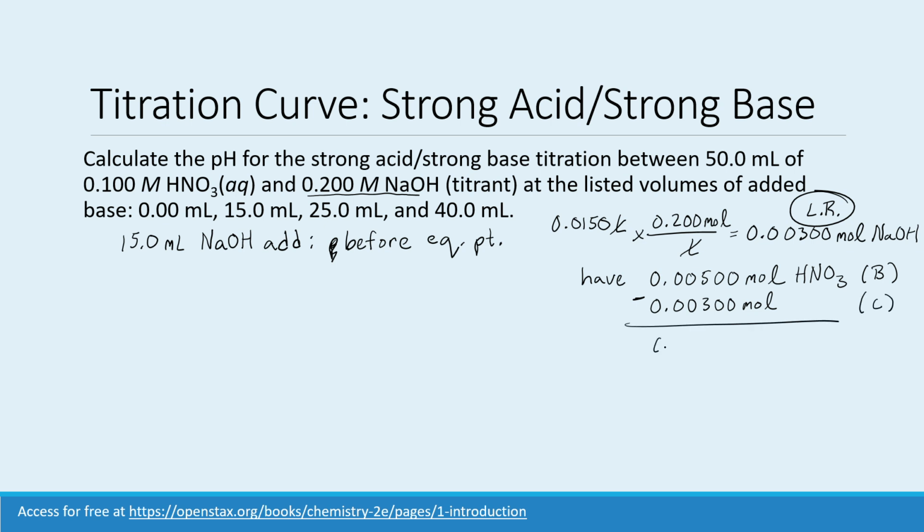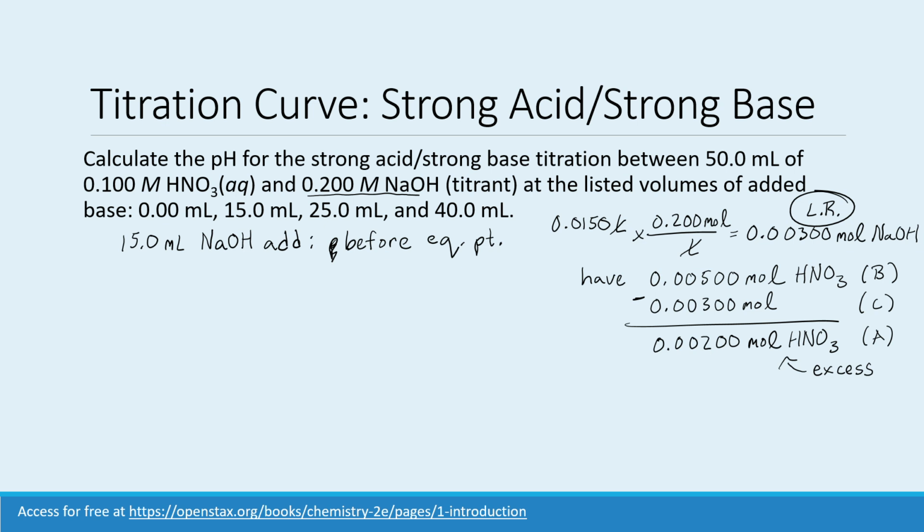So that would be your change. And then the difference between the two, 0.002, is considered your after. So that's the excess. Okay, so in Gen Chem 1, sometimes we would look at the excess reactant, and how much we have left.